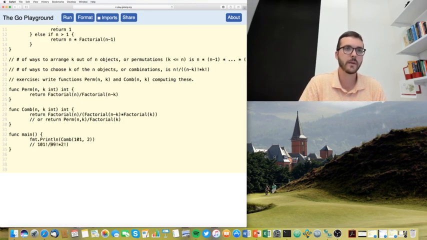Let me parenthesize that appropriately because n is 101, k is 2. The 101 factorial is going to have a 99 factorial in it. So it's 101 times 100 times 99 factorial divided by 99 factorial times 2 factorial, which is just 2.